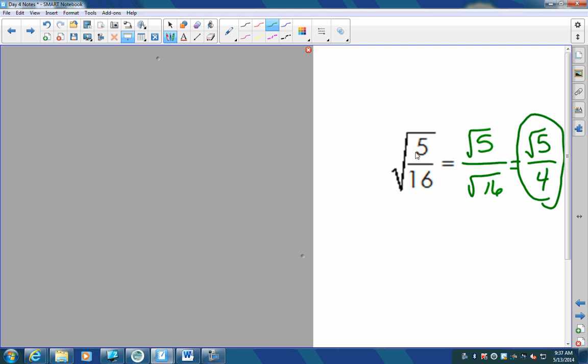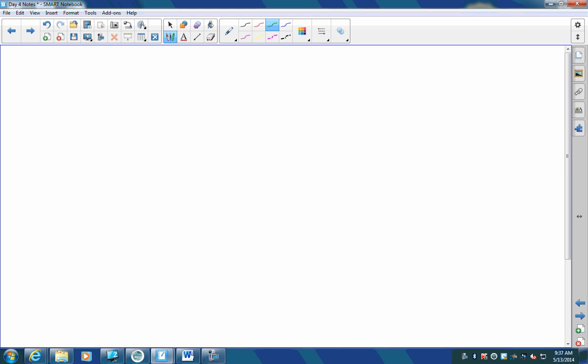If you could divide these numbers or simplify this fraction before you begin, you would want to do that. But 5 over 16, that's as low as it goes. So you apply the square root to the top and to the bottom. So another example like that would be the square root of 7 over 25.